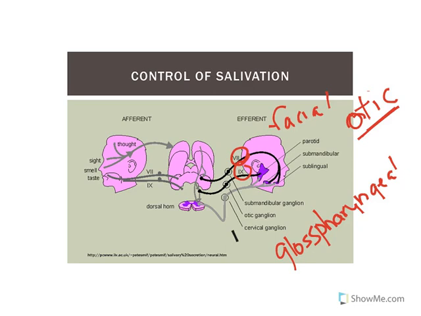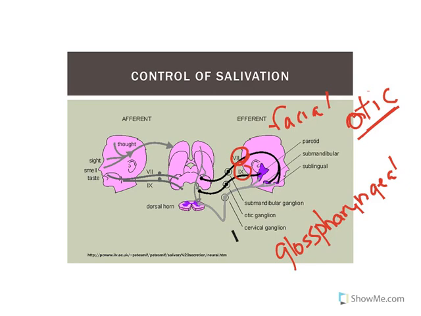Now, what stimulates the salivation process? Seeing food, smelling food, tasting the food, just thinking about the food is going to send sensory information, and in this case, this is going to be a reflex. The integration center is going to be located in the medulla oblongata. So that's where the salivatory center is.